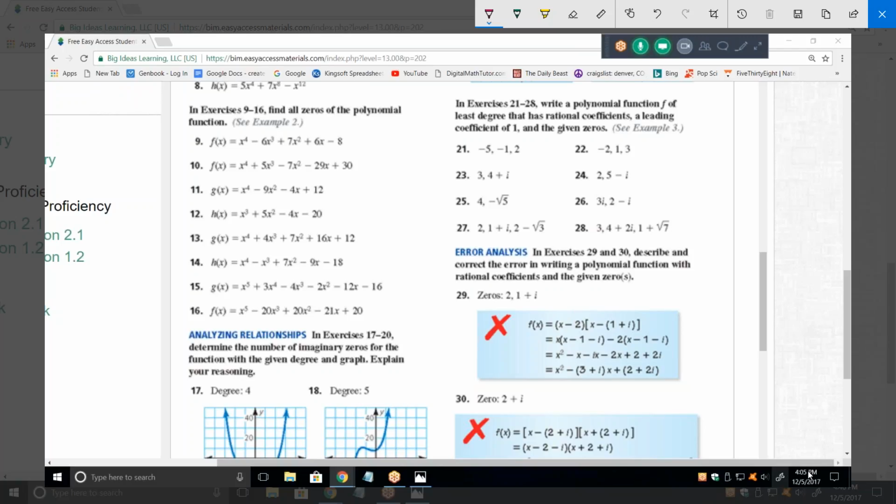So x minus 2, then x minus 1 plus i, then x minus 1 minus i.